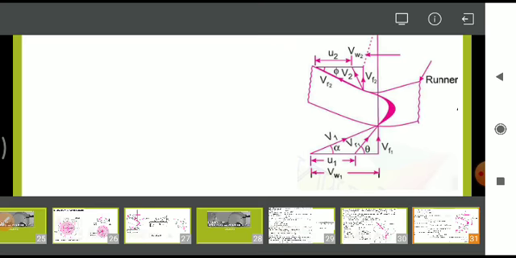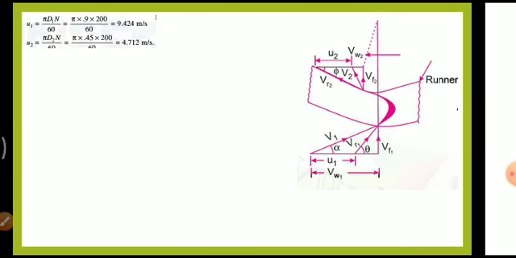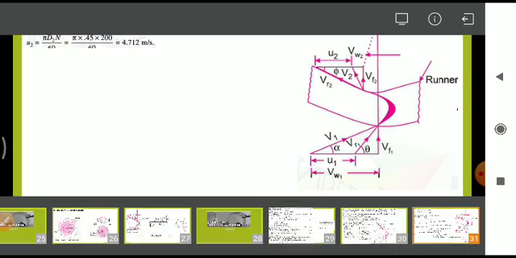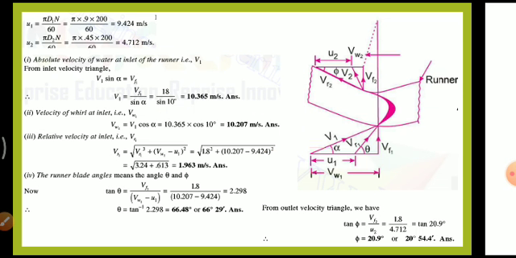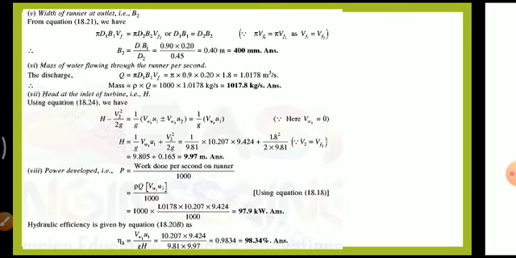The value of U2 can be calculated by pi d2 N by 60. So U2 is equal to 4.712. By using that, tan phi is equal to Vf2 by U2, so phi is equal to 20.9 degrees.